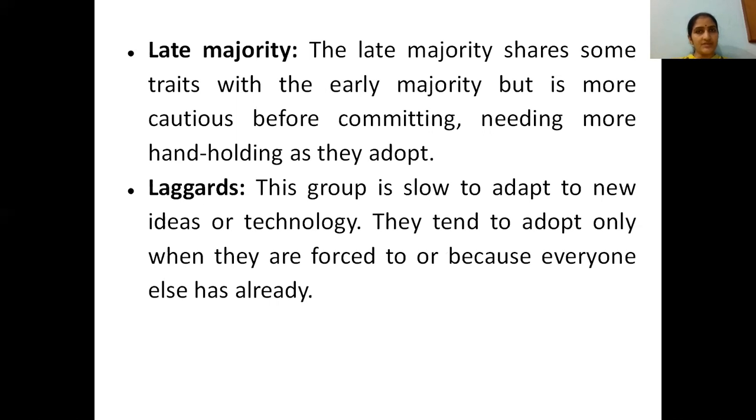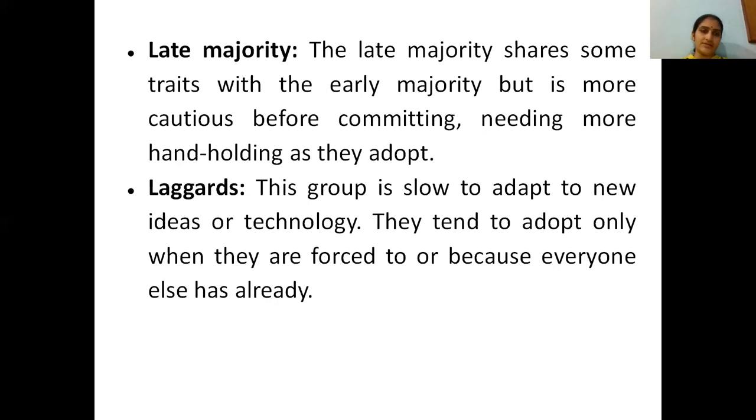They are also similar to the early majority in requirements, but they are more cautious. They think a lot before making any decision to accept something. So they are a cautious category. We call it the adopters' cautious category. So here they constitute the late majority part.